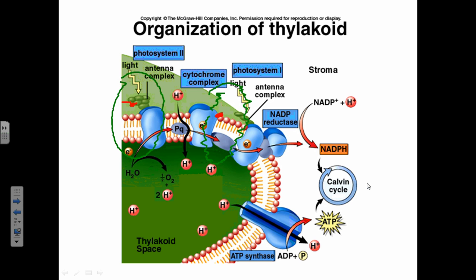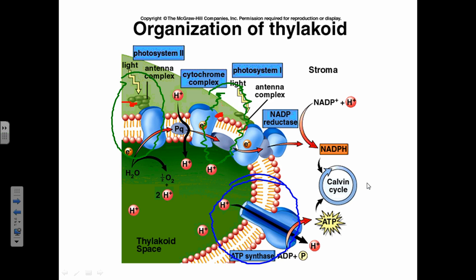But the way out is through this guy, which is ATP synthase. It's what kind of protein? Well, it's an enzyme, but it's also a channel protein, which means it lets what process happen through it? What kind of diffusion? Facilitated diffusion.